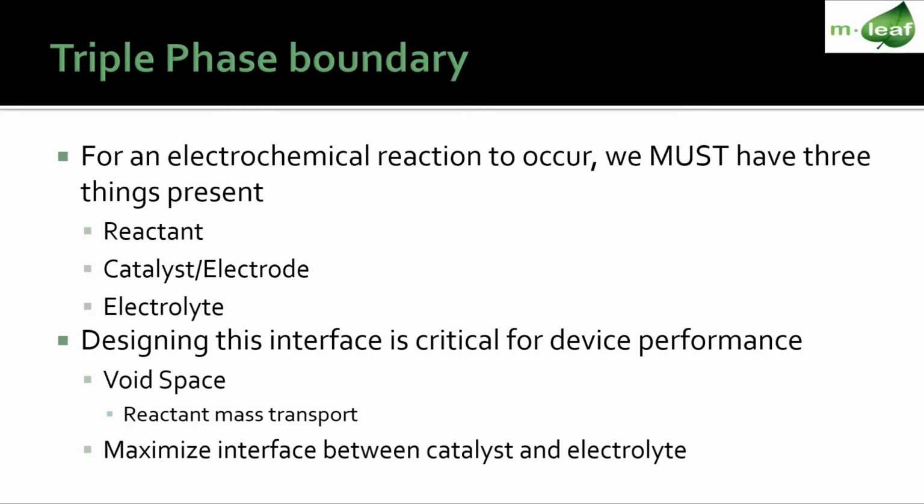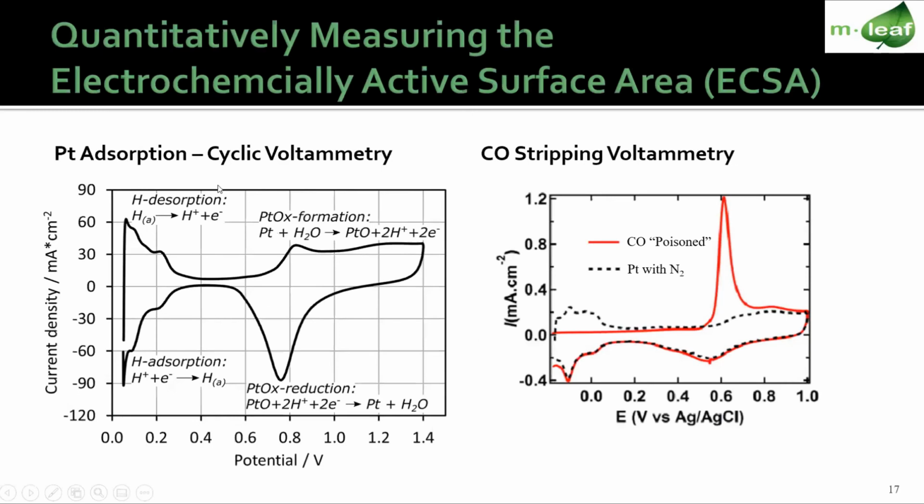And so we try, after we assemble cells or devices, to measure the triple phase boundary or the electrochemically active area. And there's two ways that we do that. Both of them are very similar to the chemisorption of nitrogen that I talked about a couple of lectures ago. The two most common approaches here are measuring either the hydrogen adsorption on some noble metals like platinum that are able to do this, or to do CO stripping.